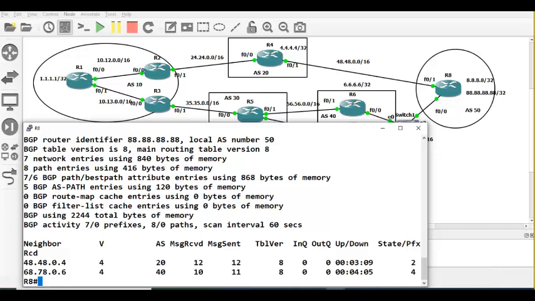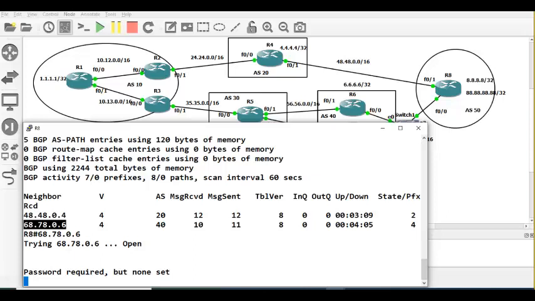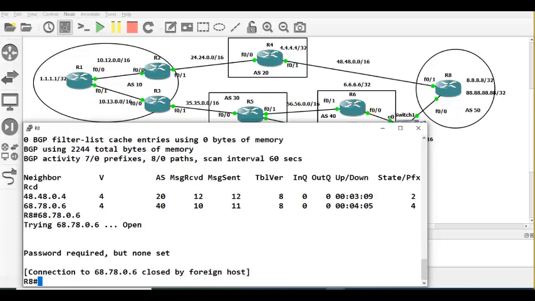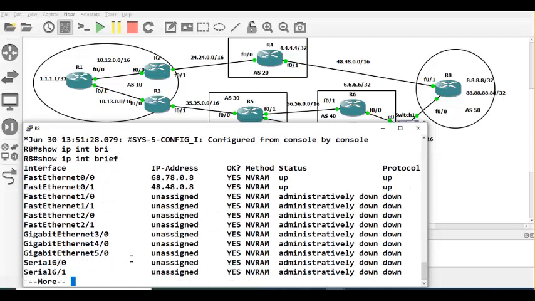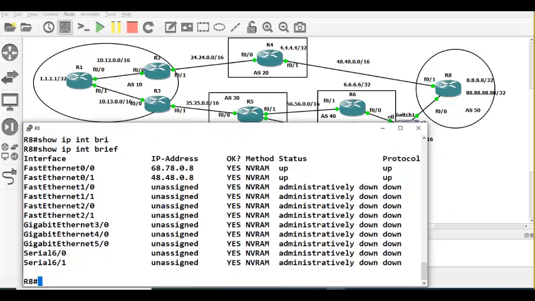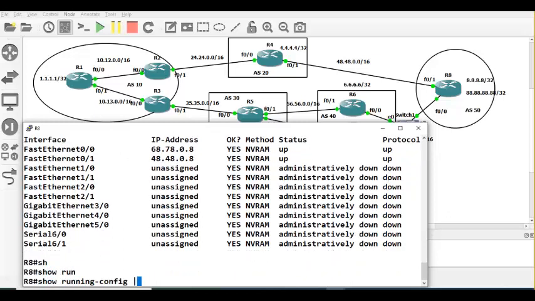There is no neighbor 7 configured on router 8. Yesterday, after configuring, I forgot to save. So I'm going to show IP interface brief. I don't even see the neighborship. Show run section router BGP.